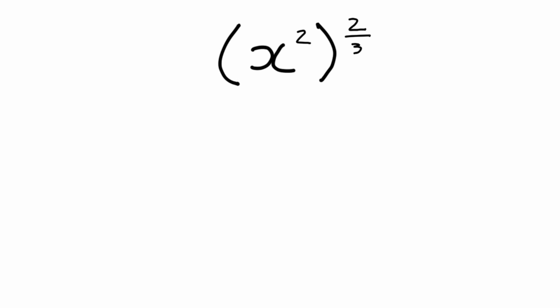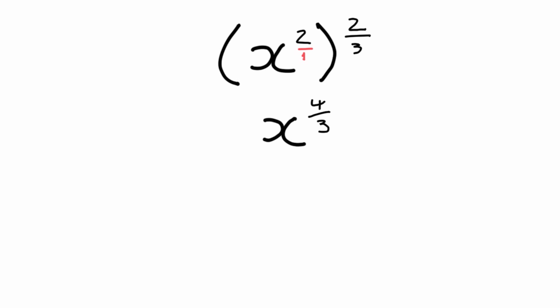Now, one of these exponents is a fraction, so it's easier if I think of both of these as fractions. So I'm going to multiply those two together. My base of x is going to stay the same. And when I'm multiplying the fractions, I multiply across the top and multiply across the bottom. So 2 times 2 is 4, and then 1 times 3 is 3. So this is just simplifying this so it's a single power.